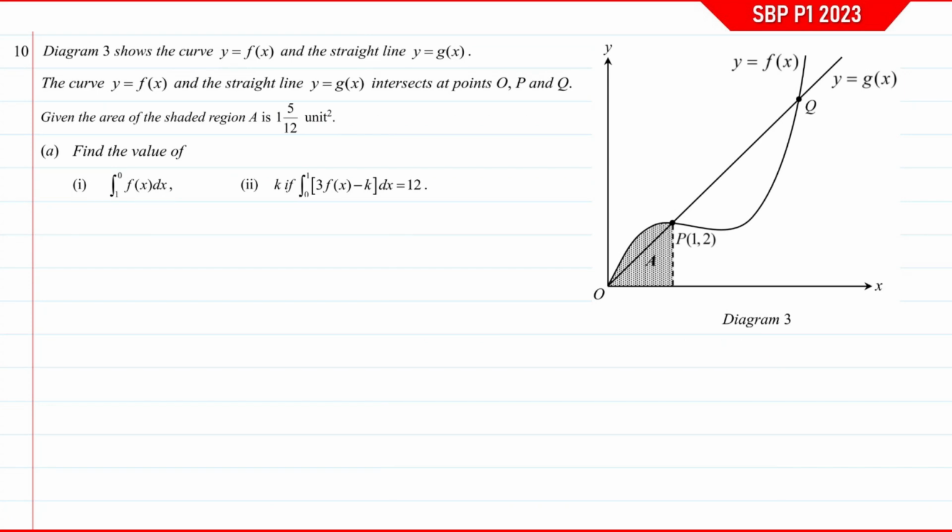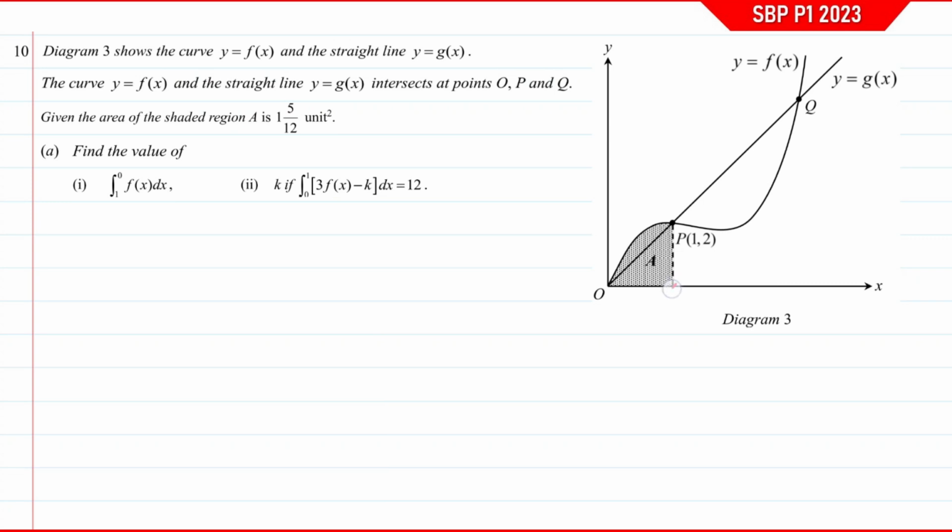Question number 10. Diagram 3 shows the curve y equal to f(x) and the straight line y equal to g(x). The curve y equal to f(x) and the straight line y equal to g(x) intersect at points O, P, and Q. Given the area of the shaded region A is 1 and 5/12 units squared, find the value of the following.